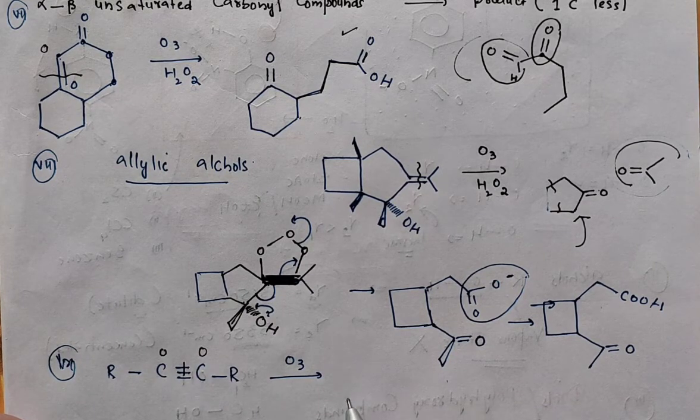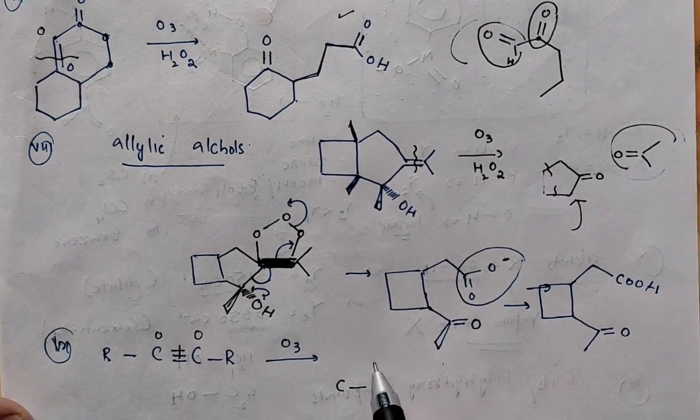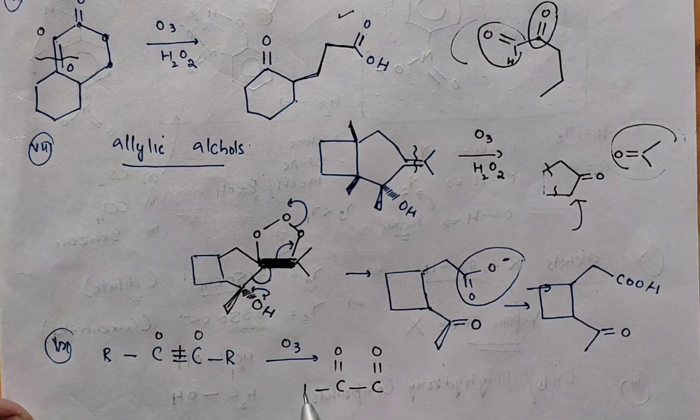That's simple. So we get like this: C double bond O, C double bond O, then R, and then R.